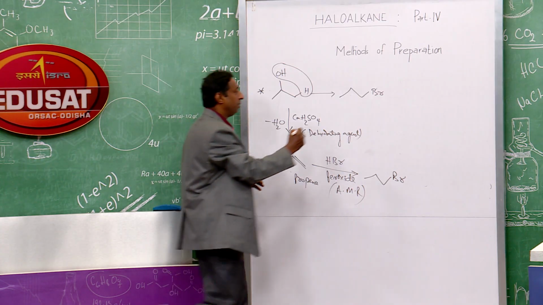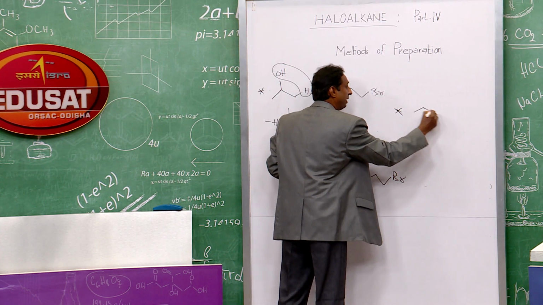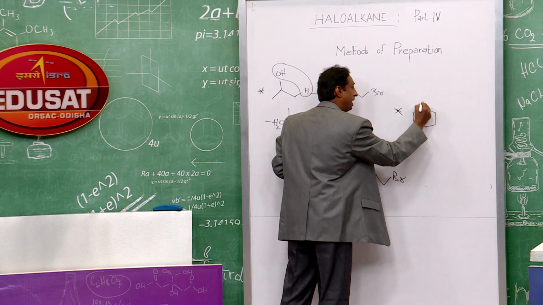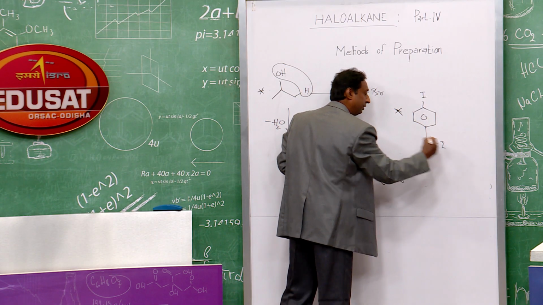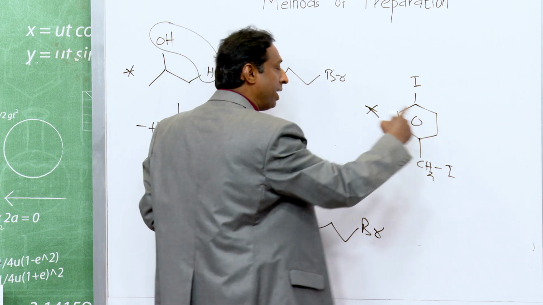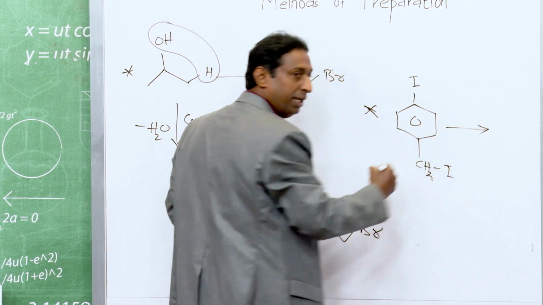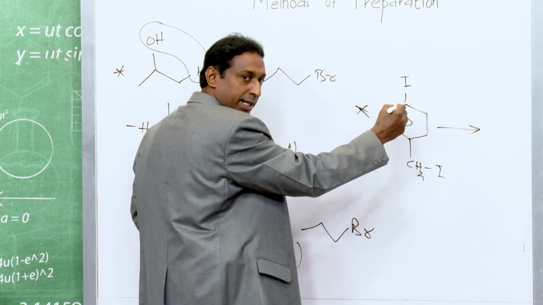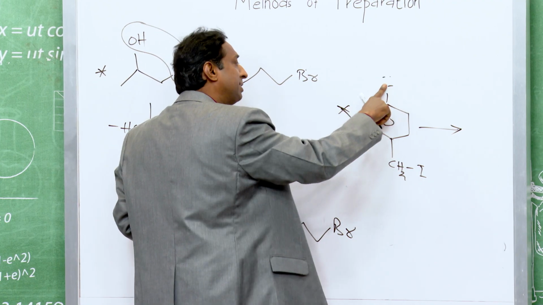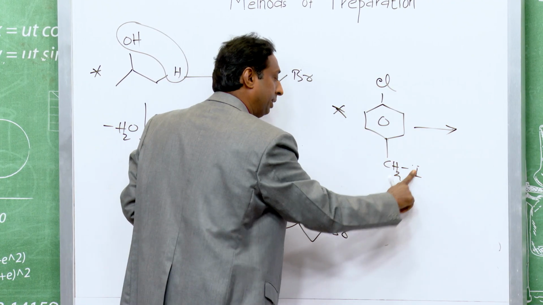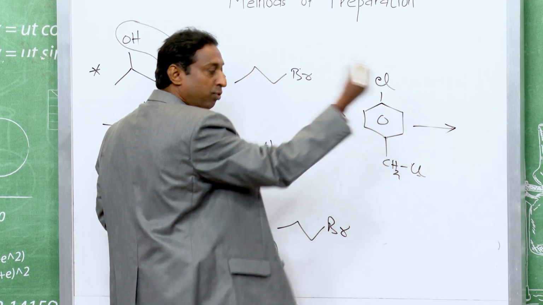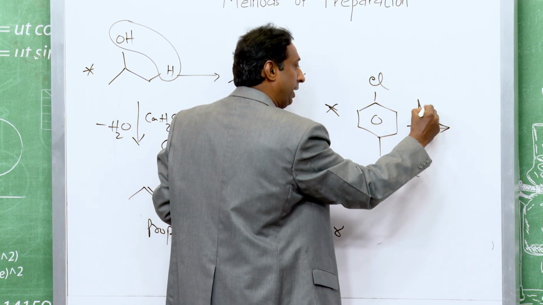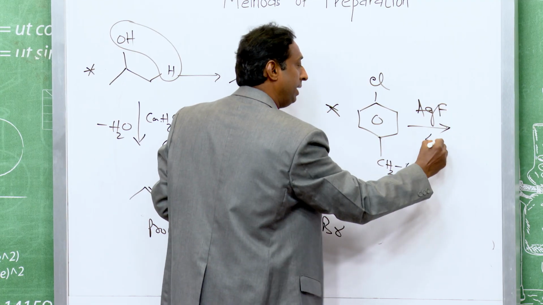One more example, a very simple one. Look at this molecule. This is benzene attached to one chlorine and then attached to CH2Cl. You are going to replace the chlorine by a fluorine atom. How do you do it? You use AgF and heat it.